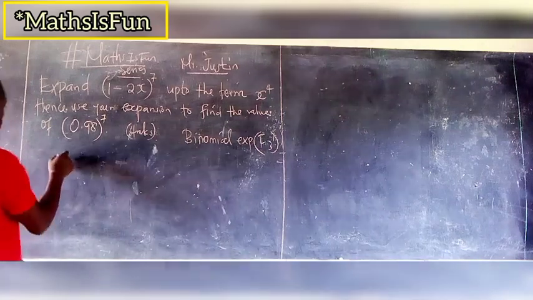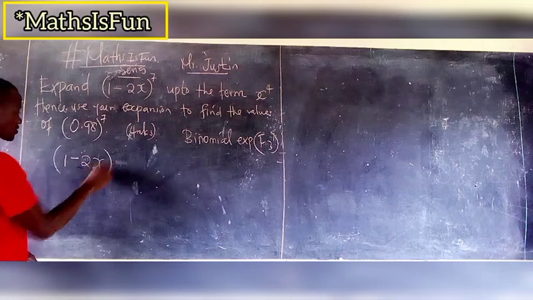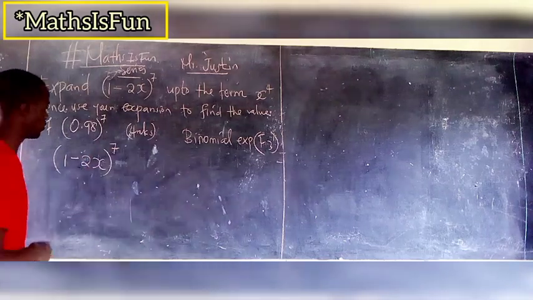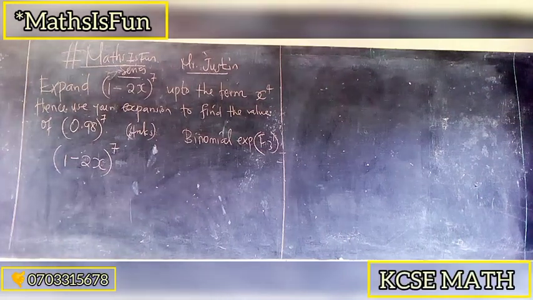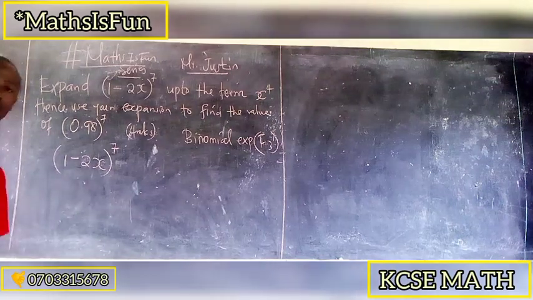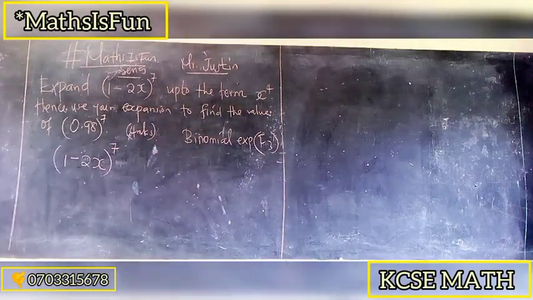As the solution, we'll have (1 minus 2x) raised to power 7. We will expand this with descending powers of 1 and ascending powers of negative 2x.